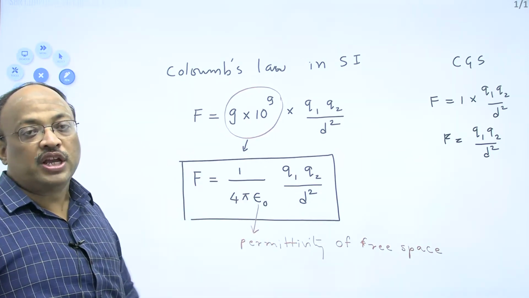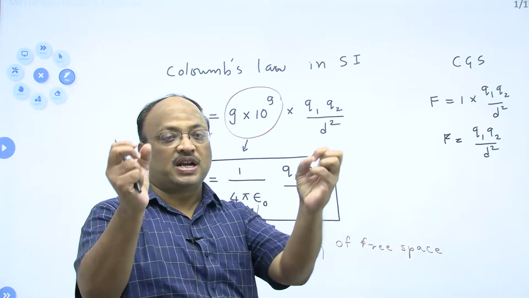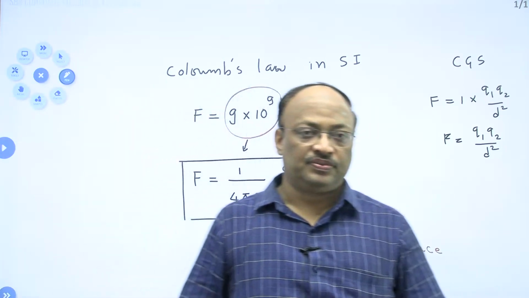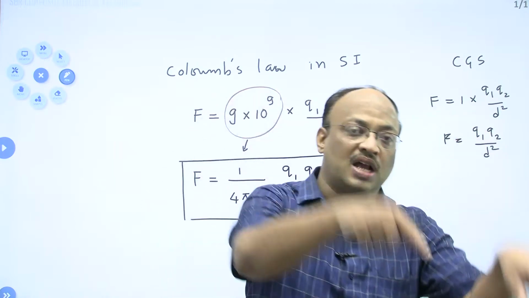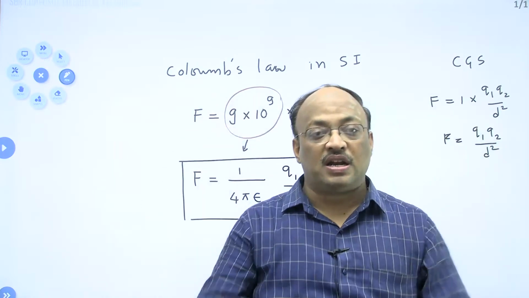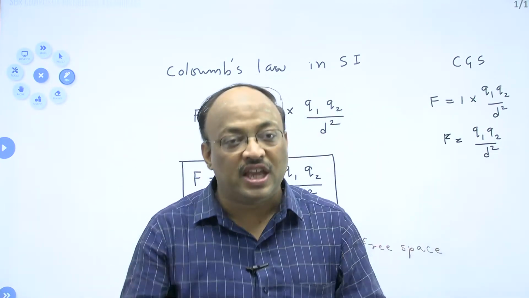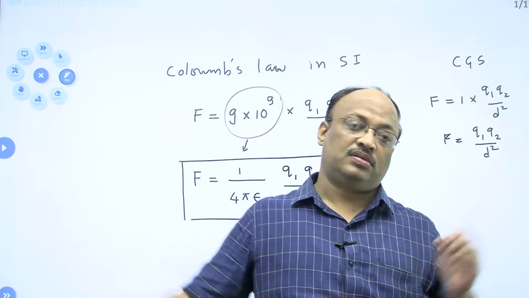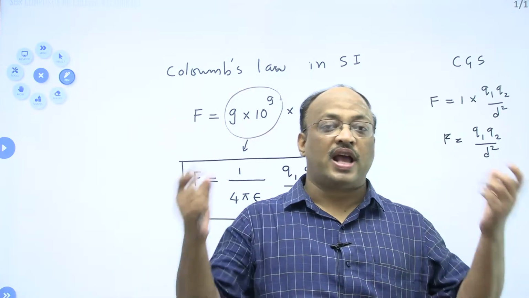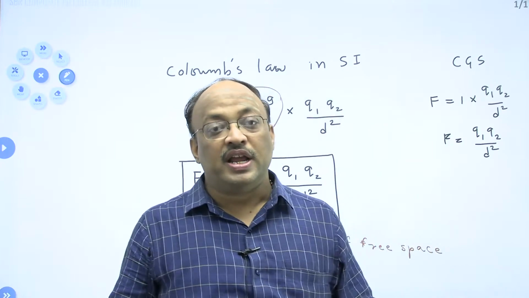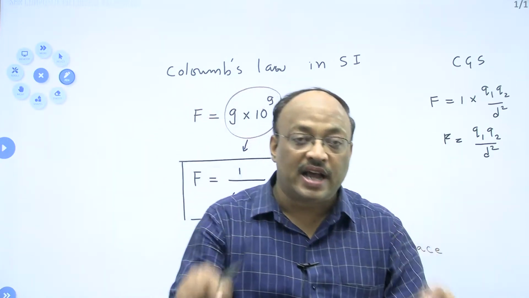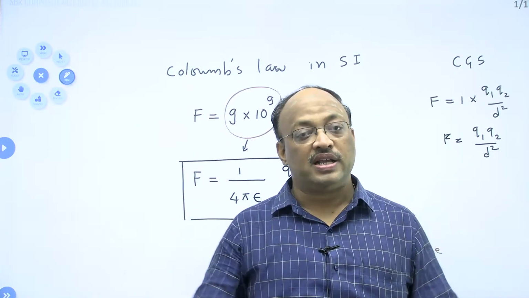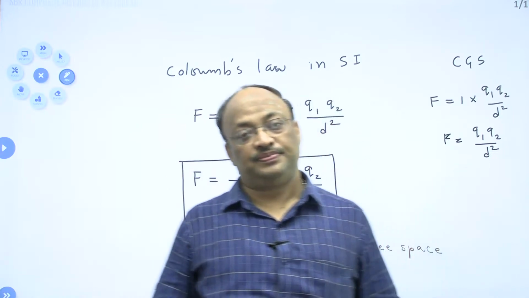In vacuum, if two charges are separated by some distance, and the same two charges are kept at the same distance in water, the force of attraction or repulsion between them decreases 80 times.